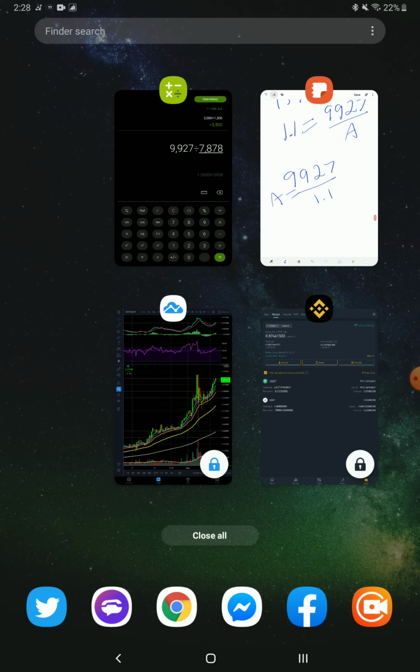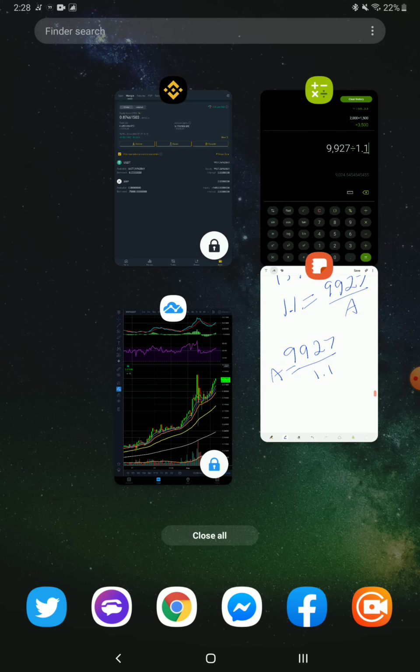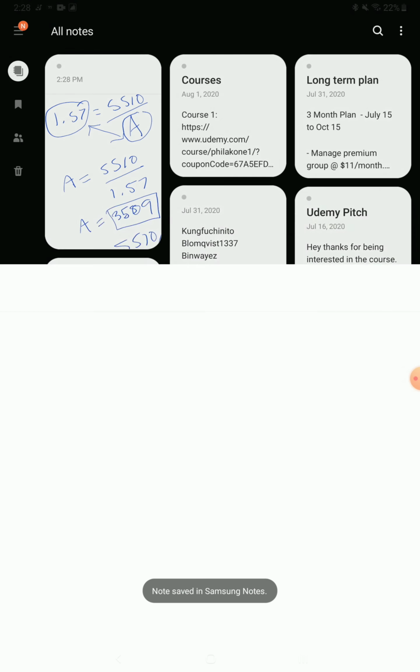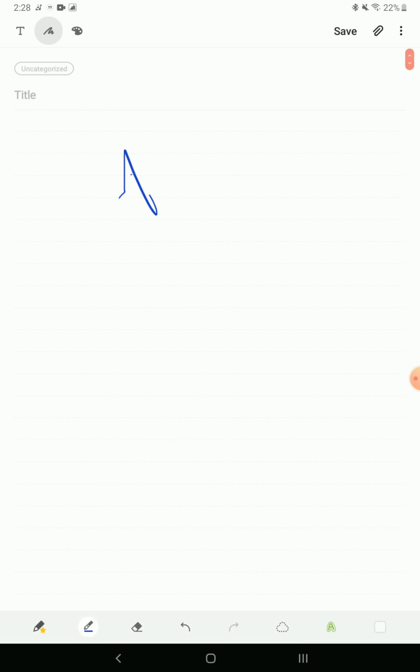Let's figure out the price here. 99.27 divided by 1.1. Okay, so it's now 90.24. A is equal to 90.24.